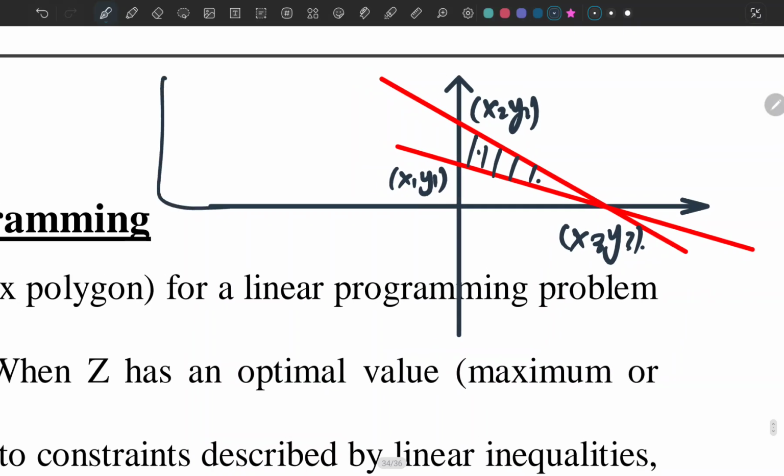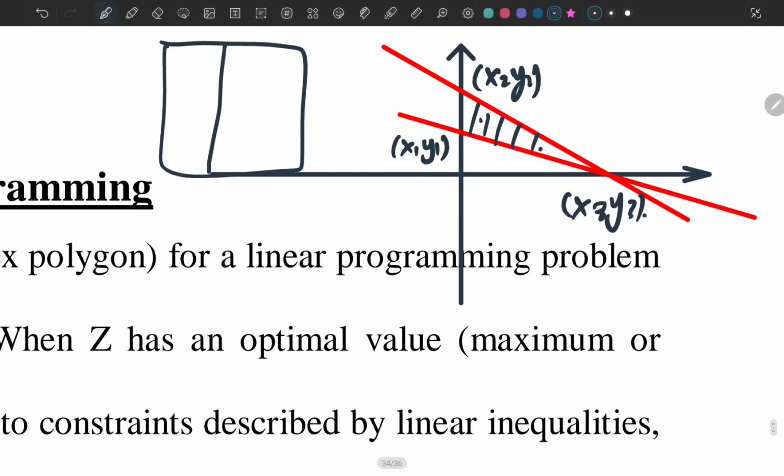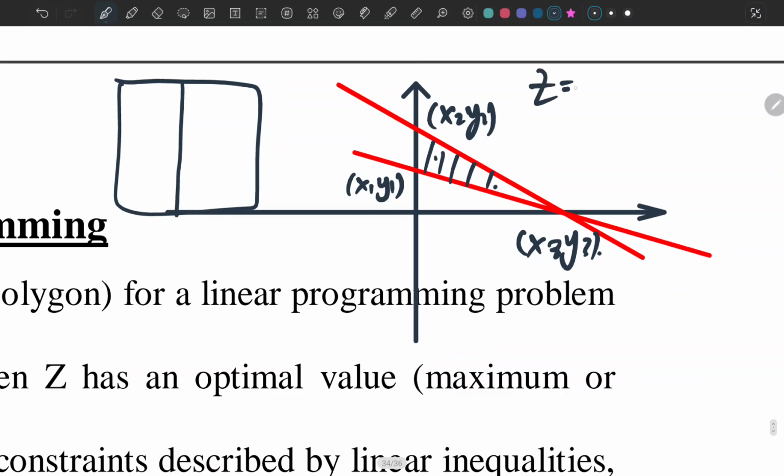So you just have to draw this rectangular part, and you would be given a function that you have to check for maxima and minima values. Let's say that z equals ax plus by. So you just have to write over here ax plus by and x comma y.